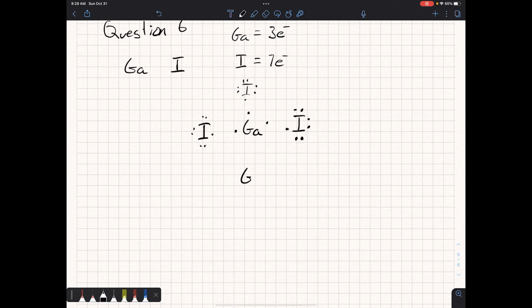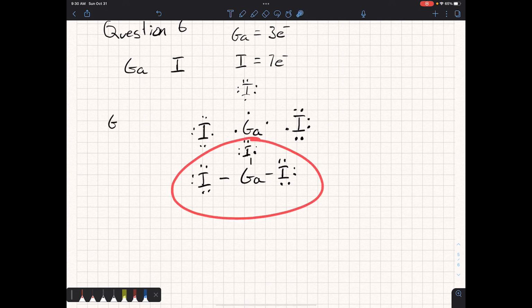So our Lewis structure then would be gallium, iodine, iodine, iodine. And then these would all have the rest of their electrons as well. So gallium has 6, and that's fine. And this is an ionic compound. So our formula then, based on this Lewis structure analysis, is going to be GaI3.